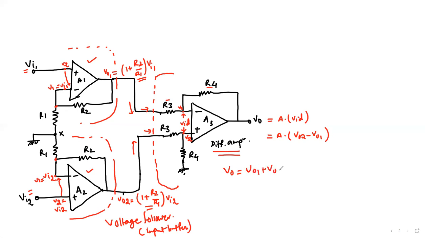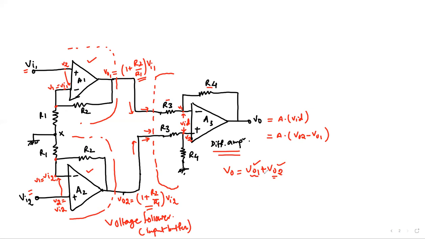VO1 plus VO2. We have the superposition theorem, which we saw in the previous module. So this is the output of this differential amplifier when only one voltage input is active, that is VO1, and the output of the amplifier when only VO2 is active.